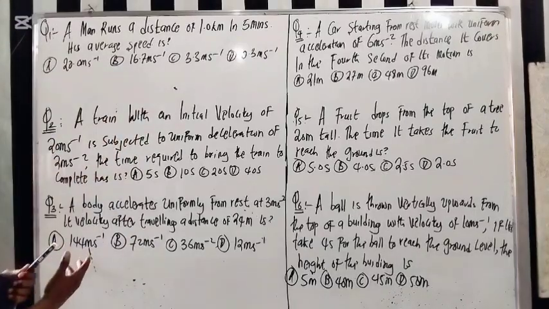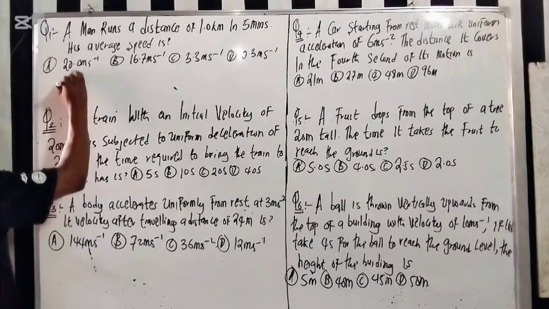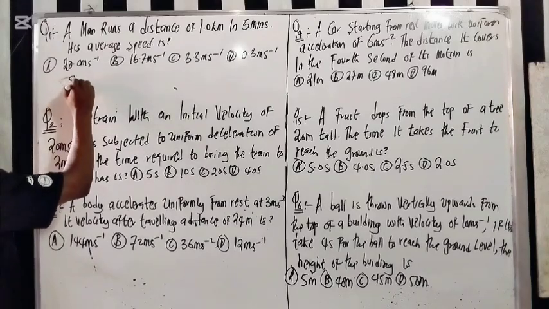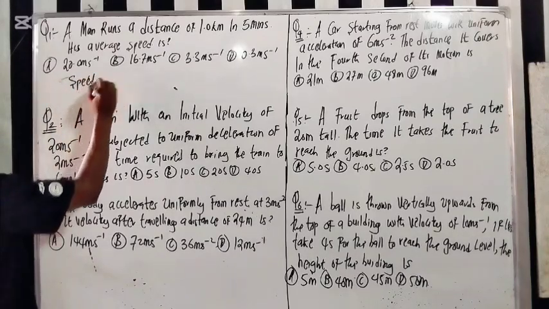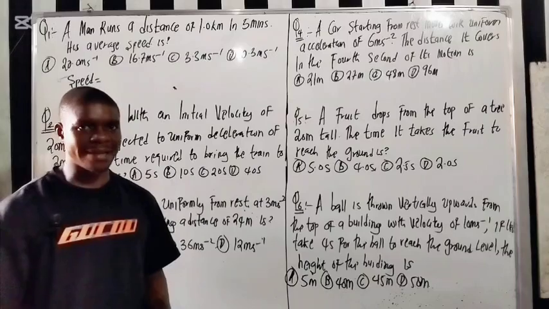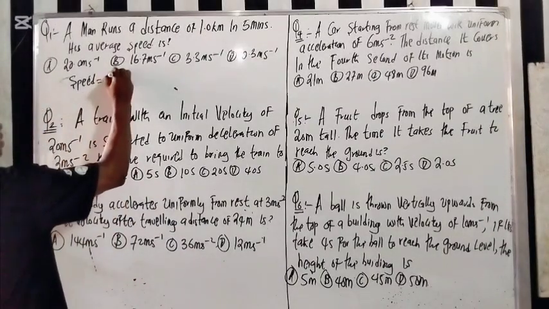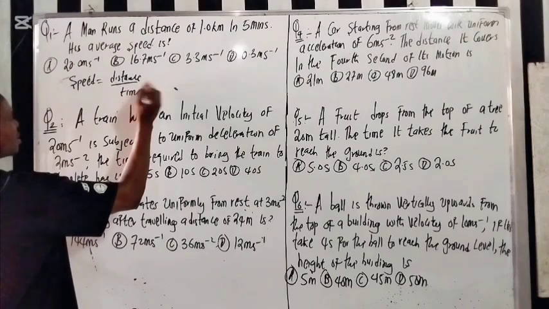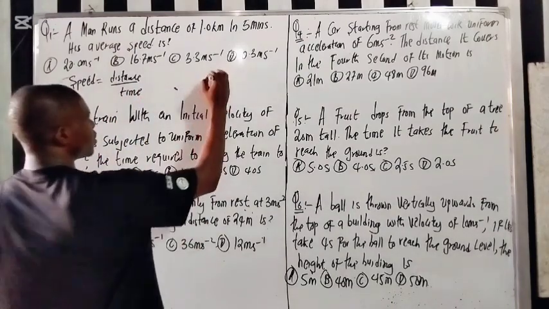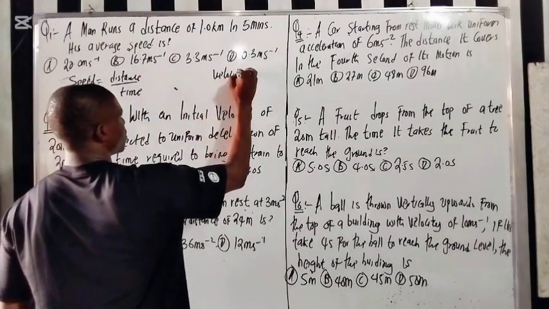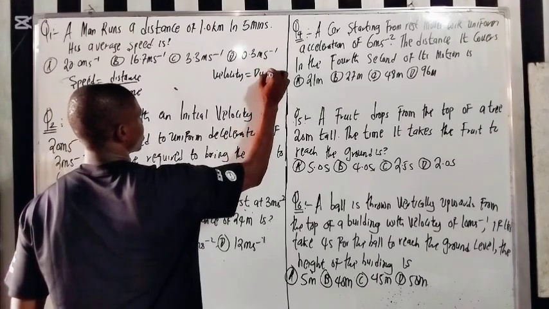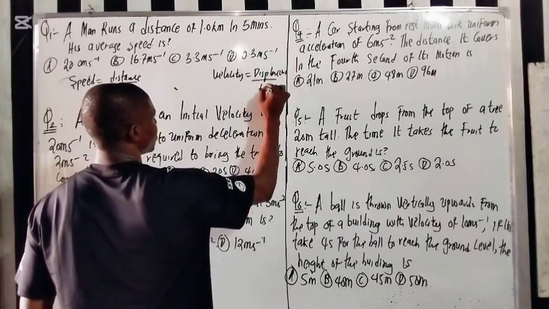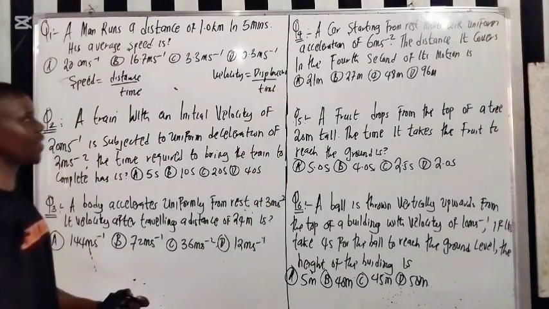So we talk about speed. Remember, speed and velocity have the same formula, but speed uses distance over time, and velocity uses displacement over time.